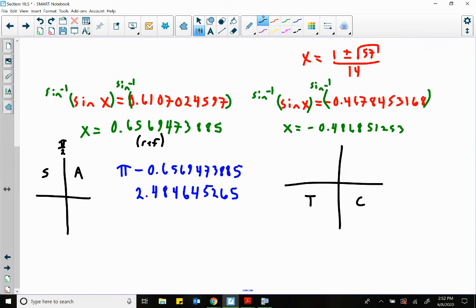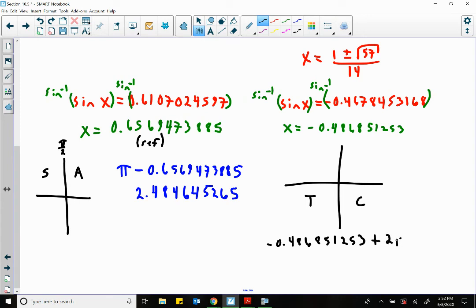We're going to take negative 0.4868 and add 2 pi onto it.